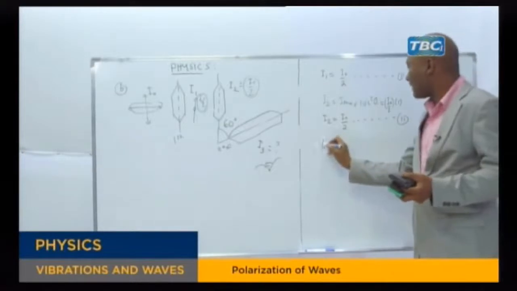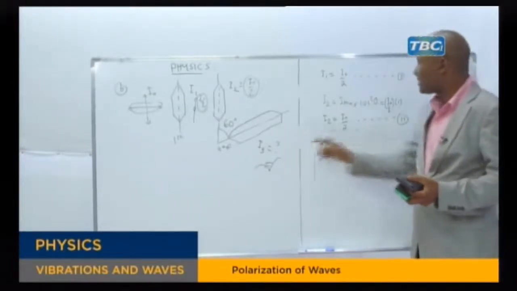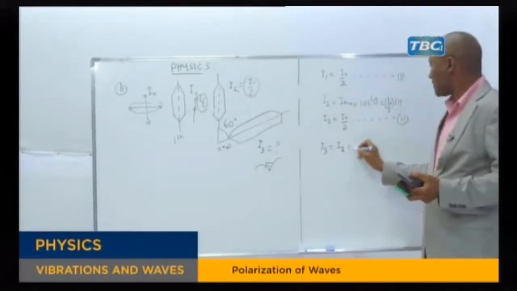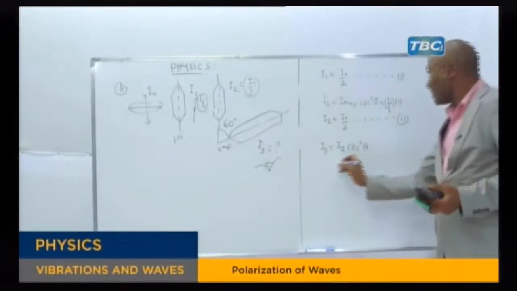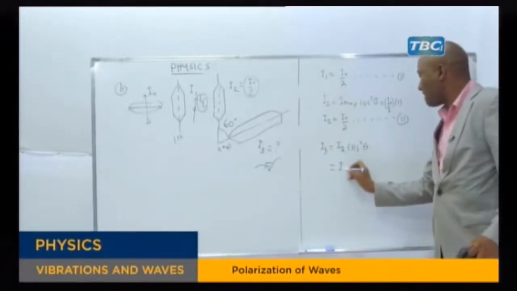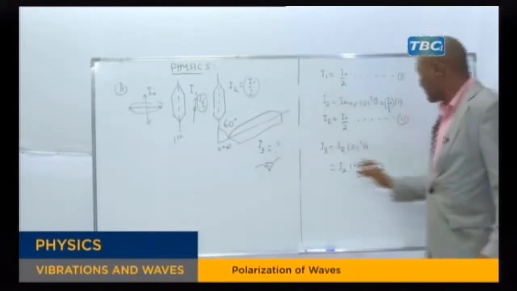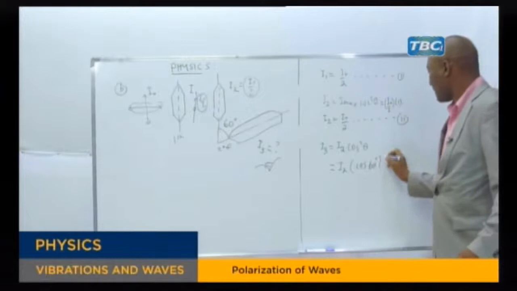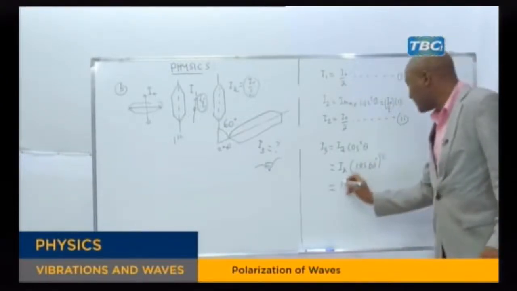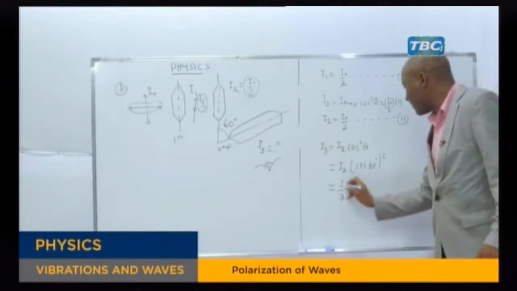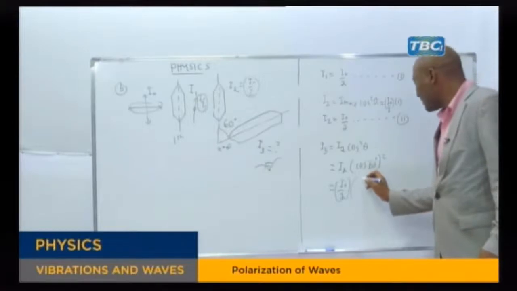Now our I3, that's where you can have changes. It will be I maximum, which is I2, cosine squared of the angle between the two axes, which is 60, squared. We know I2 is given from here. It's I0 over 2, and cos 60 is a half.